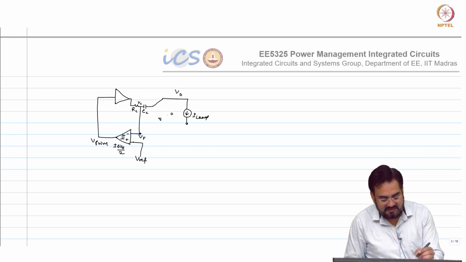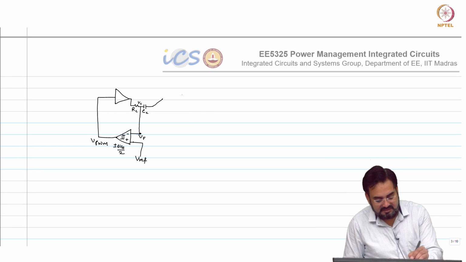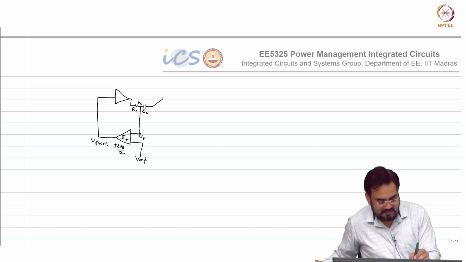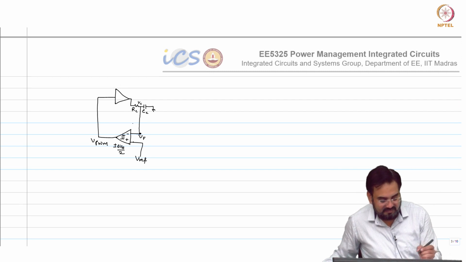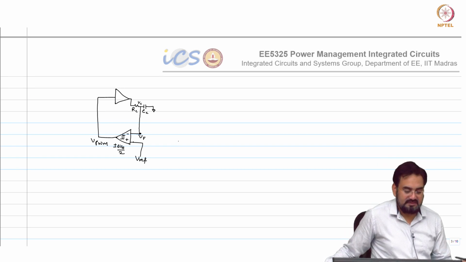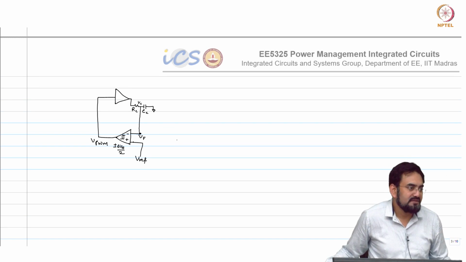If I remove this whole thing and you consider this as good as ground, because V out is DC, then this will act as an oscillator.